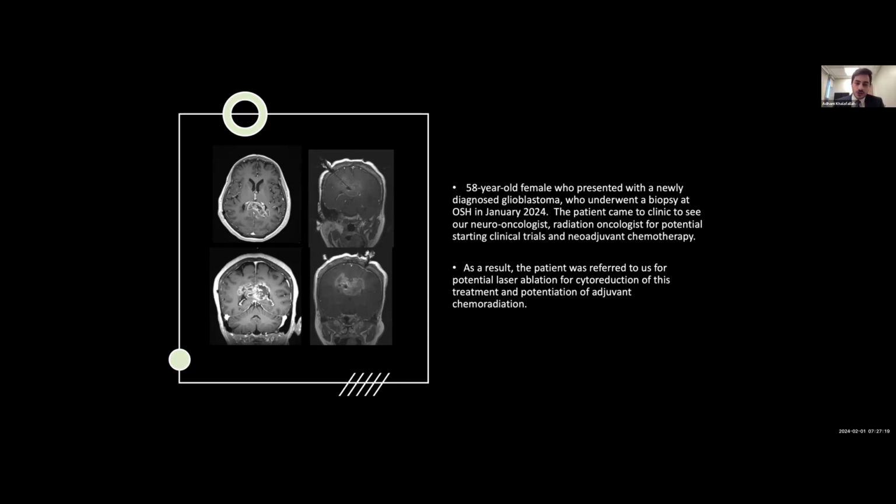Our radiation oncologists, knowing now about LITT and understanding the potentiation, how LITT can help with the cytoreduction and also help with the adjuvant chemoradiation and opening the blood-brain barrier, actually referred her to us. So she underwent LITT and biopsy this week, and their plan is to start chemotherapy and radiation within the next week or two.